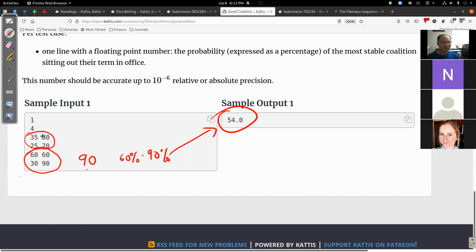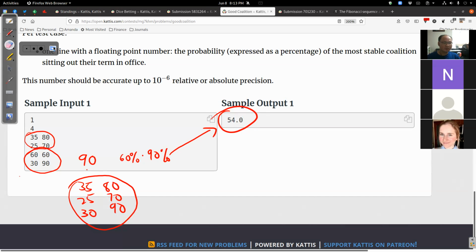And if you put 35, this one, this one, and this one together, then these three parties together is enough. But then 0.8 times 0.7 times 0.9 is smaller than 54. That's kind of the idea of this problem.